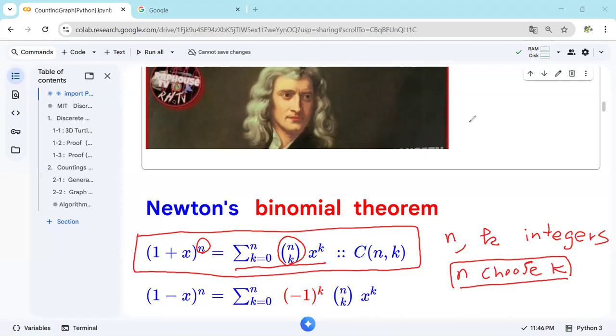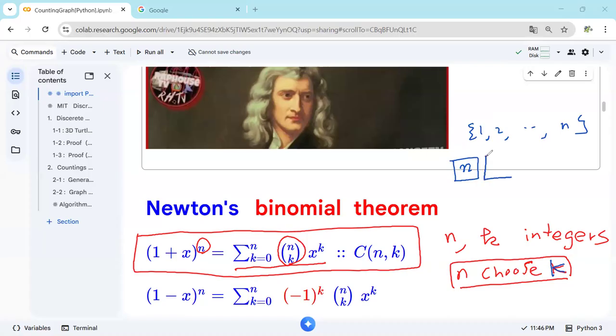Suppose there are n objects, and we want to select a k-element subset. First of all, there are n possibilities to select the first one.